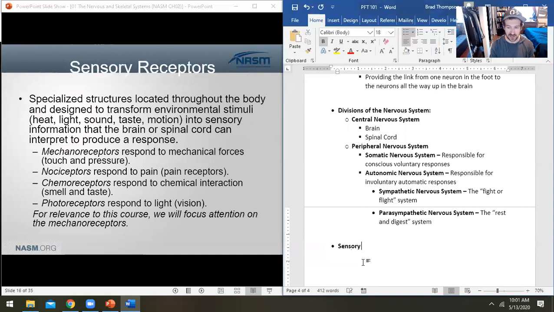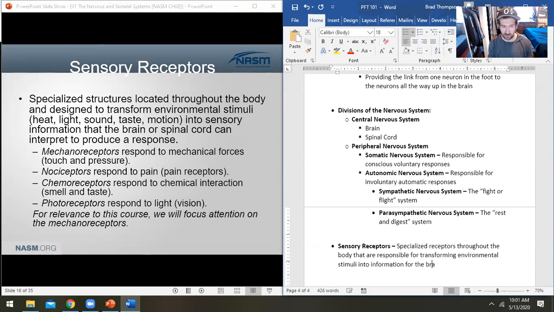So sensory receptors are specialized receptors throughout the body that are responsible for transforming environmental stimuli into information for the brain to interpret.